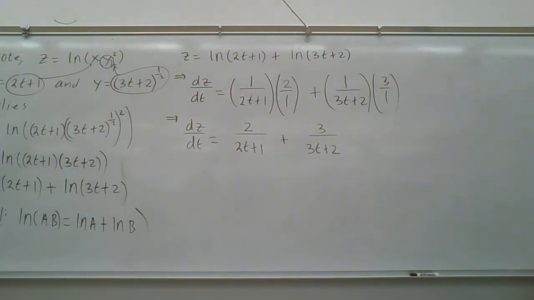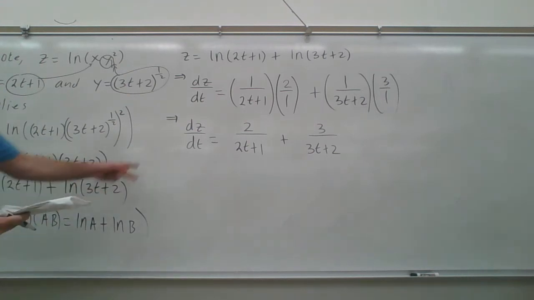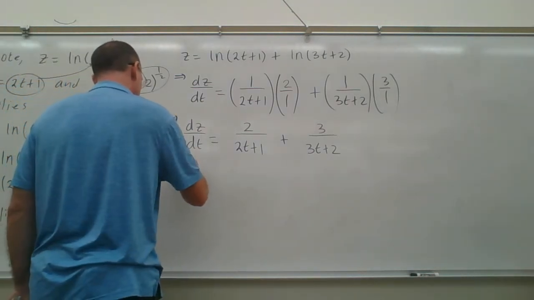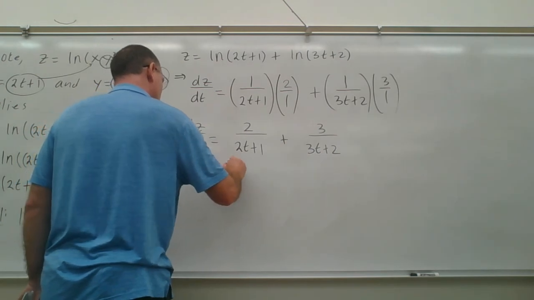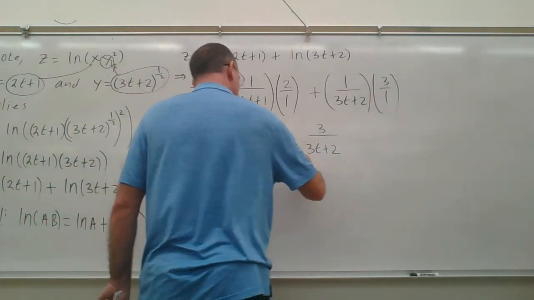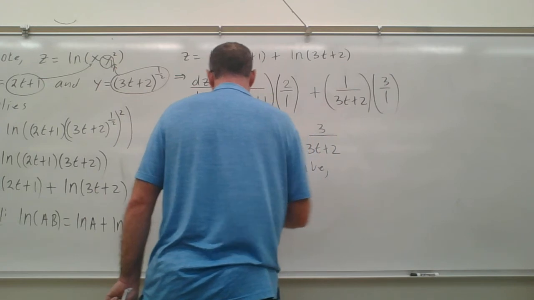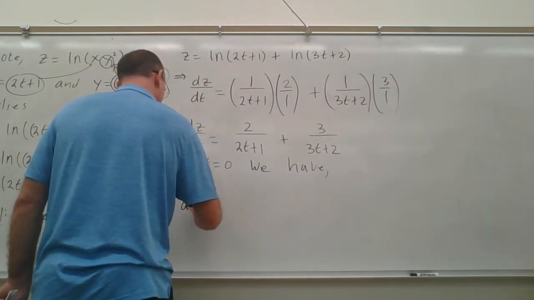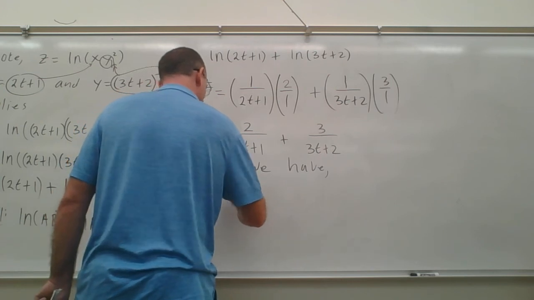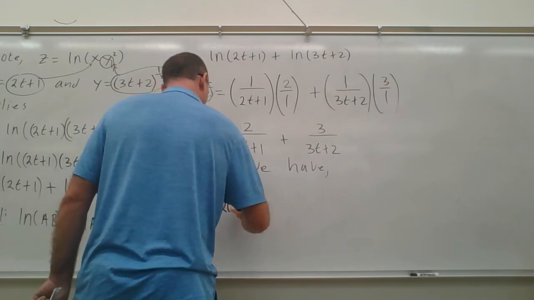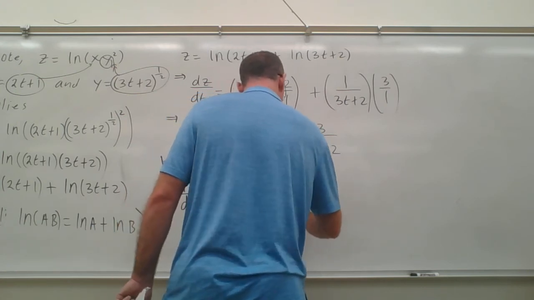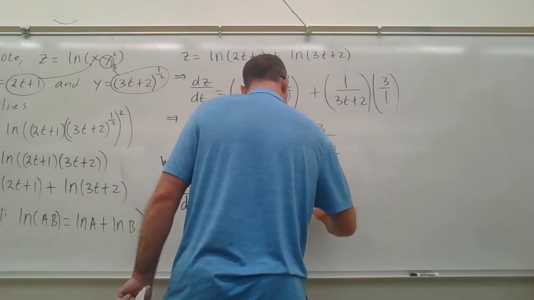So that's our derivative. So now let's evaluate when t is 0. So when t is 0, we have dz dt equals 2 over 2 times 0 plus 1 plus 3 over 3 times 0 plus 2.